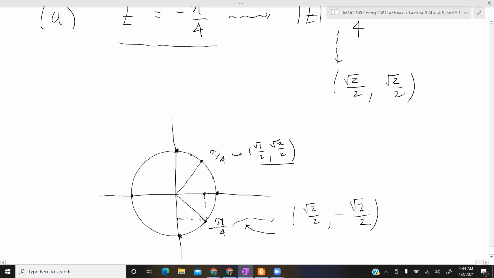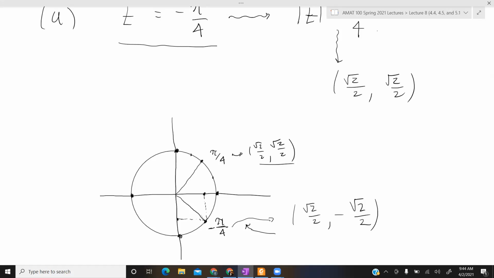If you know the coordinates of those points and the numbers corresponding to them, you can deduce the rest. So make sure you memorize those points on the unit circle in the first quadrant, remember their coordinates and the numbers, those arc lengths corresponding to them, and then you'll be able to deduce the coordinates of any other point on the circle.